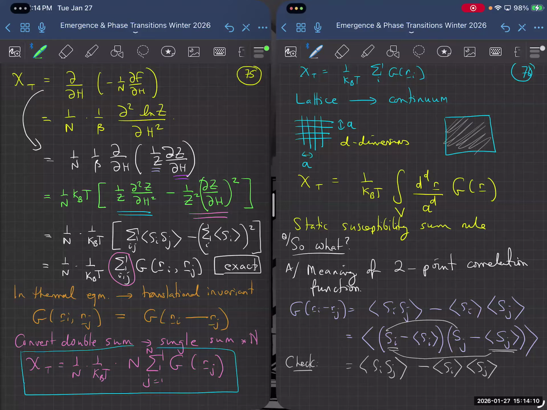Then I get another term like this, so I get minus the average of S_i times the average of S_j. And then I get plus the average of S_i times the average of S_j, which is this one times this one. So if you do all the combinations, if I've done it right, which it looks like I have, then you end up with the equation that I have up here. So that's a true statement.